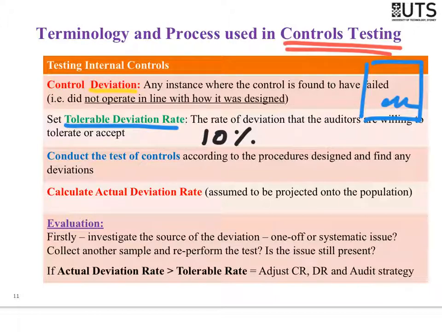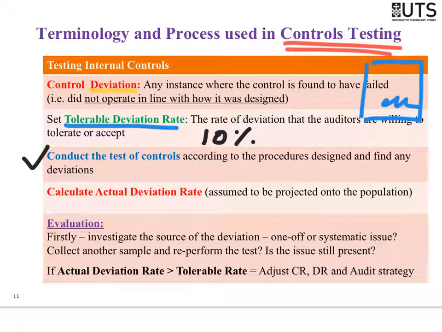Now, once you have those 2 elements, step 3, you do your testing. Okay? Step 3, you go ahead, you conduct the test the way you had planned to conduct the test. You follow the procedure that you had designed. Now, once you conduct the test, you will then identify any deviations. Now, there might be 0 deviations. It might be a great control.